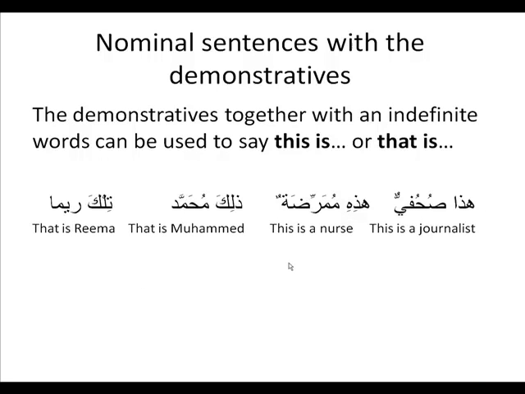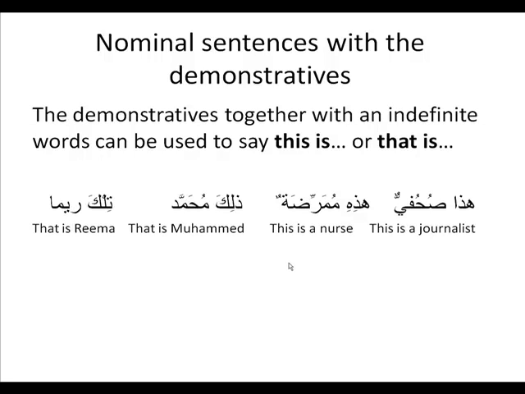Remember the nominal sentences that we did last week? Sentences that consist of two nouns, or at least there's no verb in the sentence. We can use the demonstratives as well in these nominal sentences.